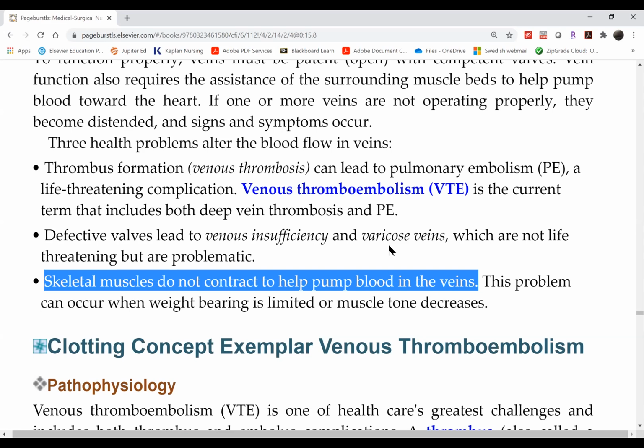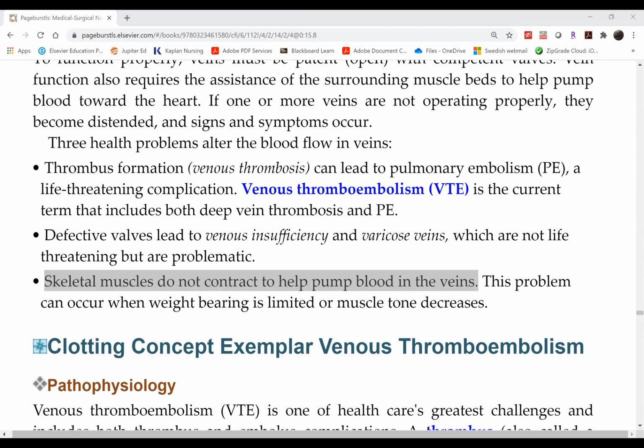AFib or aflutter can also cause pulmonary emboli, but the number one most common cause is venous thrombosis, meaning DVTs from the lower extremities.